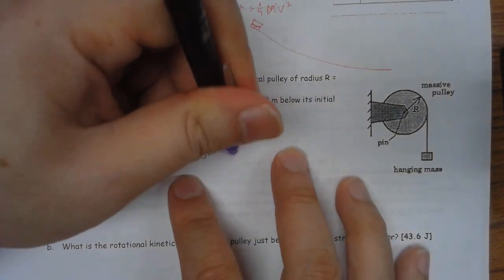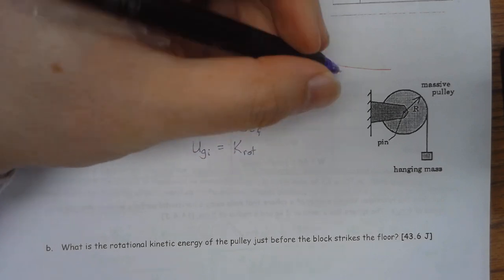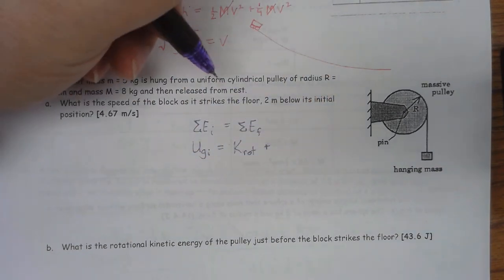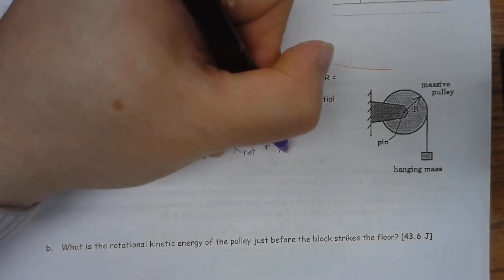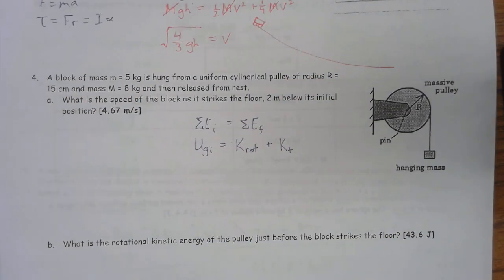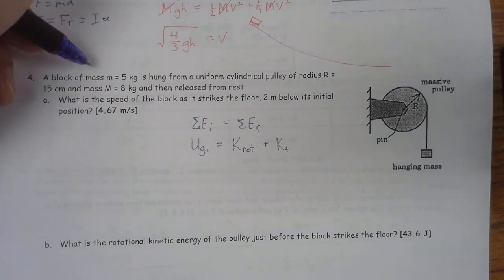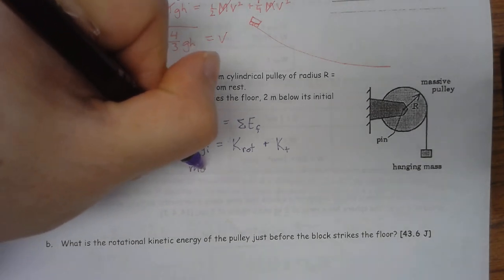Let me just write kinetic rotating. And then, yeah, the hanging mass still. The hanging mass is still linear translational motion, okay? And so we still just have the block hanging mass is mgh.